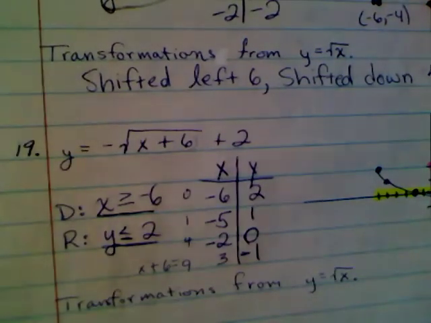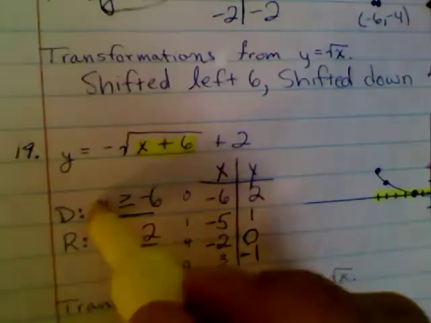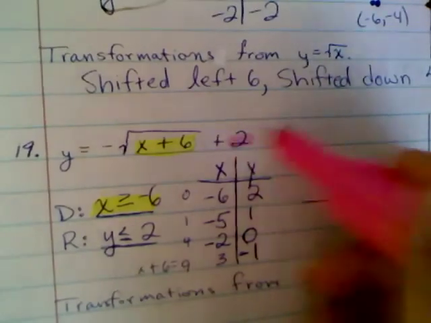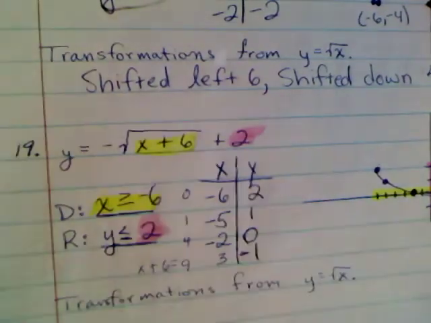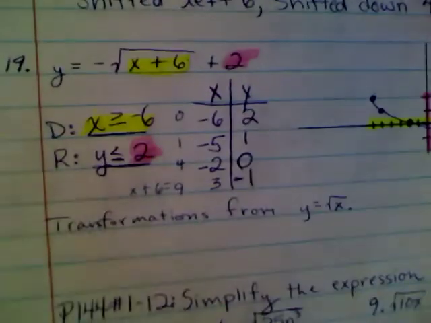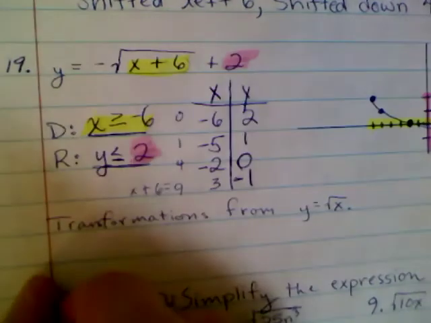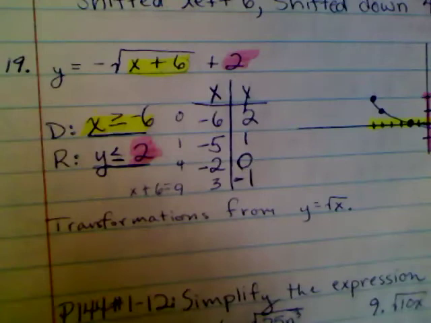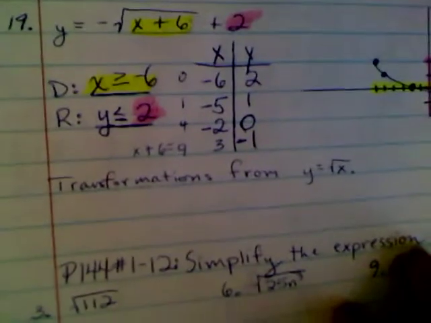And you'll notice that the inside of this corresponds with the domain, and what's floating out here corresponds to the range. You can't tell whether or not it's greater than or equal to just by looking at these, but you derive your domain and range from those couple of numbers there.